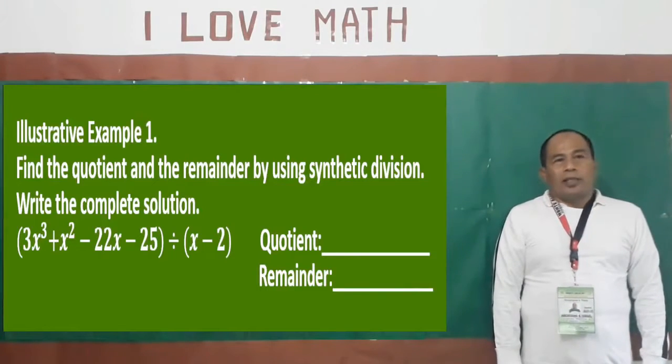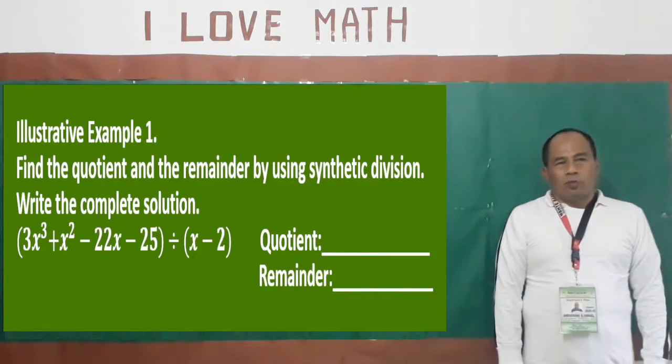Find the quotient and the remainder by using synthetic division. Write the complete solution. 3x cubed plus x squared minus 22x minus 25 divided by x minus 2.